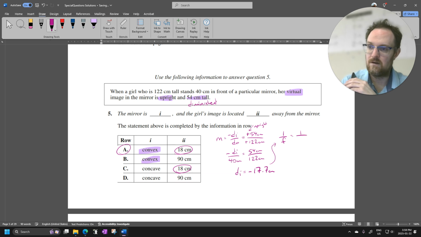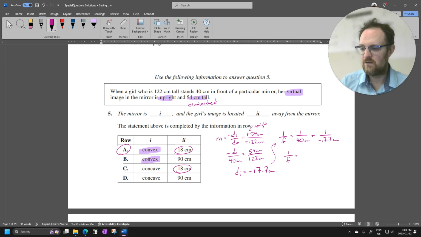So I'm going to go 1 over 40. That's always a positive. And then 1 over negative 17.7-ish centimeters. You do the math here. So 1 over 40, kind of minus, but plus 1 over negative, this answer that we just had here. Oh, we got a negative answer.